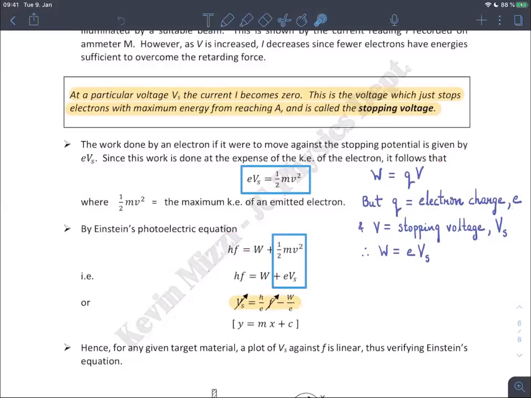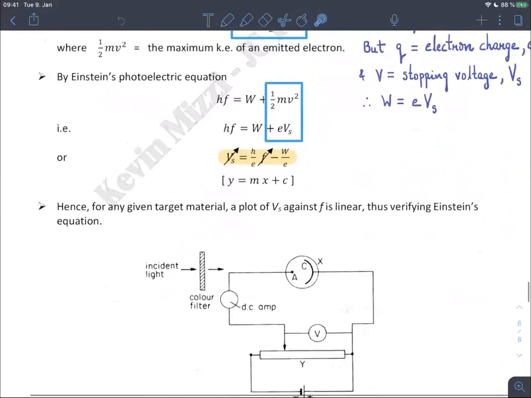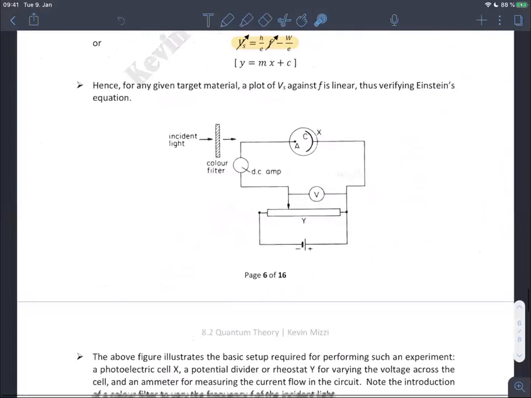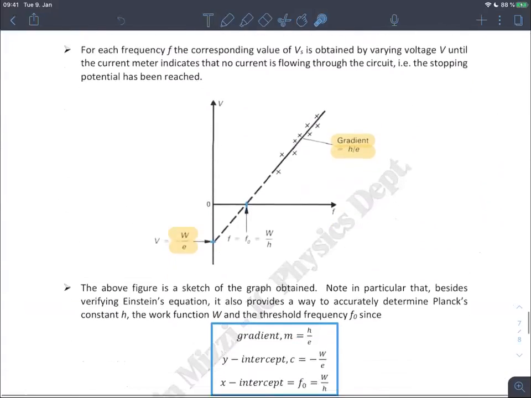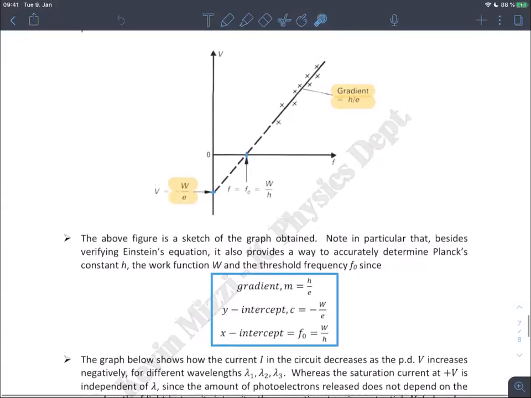This equation shows that if we had to perform the experiment for various frequencies of light, and for each frequency we measure the stopping voltage Vs, then a graph of Vs against f, which means stopping voltage on the y-axis against frequency on the x-axis, should be linear with a gradient equal to h on e and a y-intercept which is equal to minus W on e.